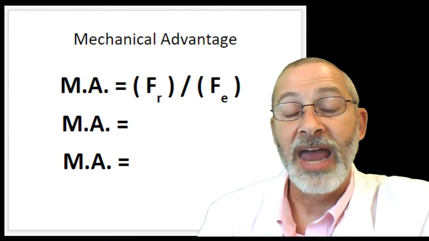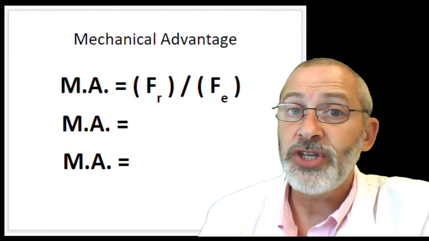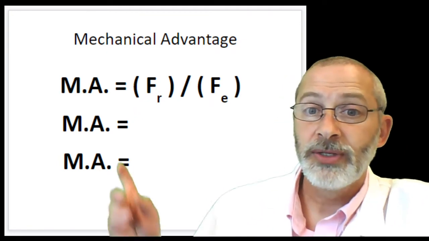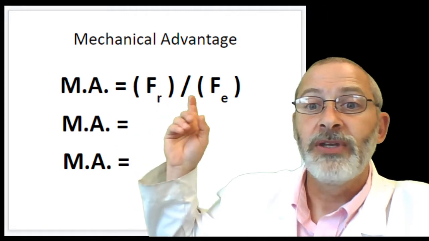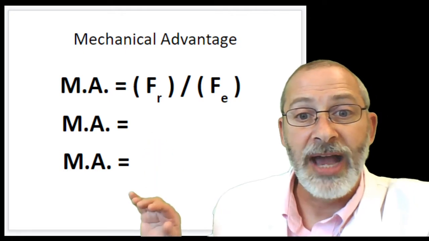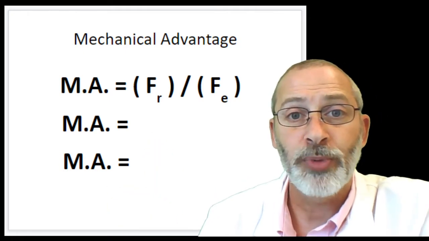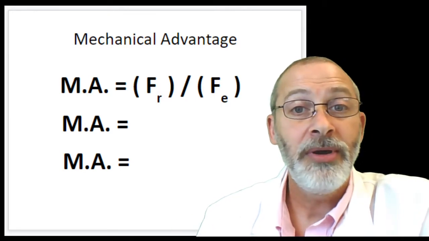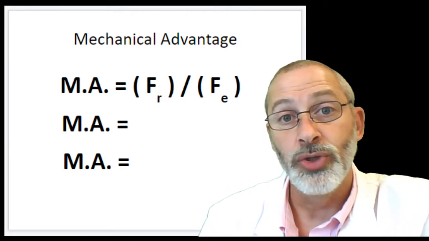And the mechanical advantage, just like efficiency, is not measured with any units. You're taking a force, dividing it by a force, so those units cancel out. So mechanical advantage is expressed only with a number. The bigger the number, the easier it is to do the work.